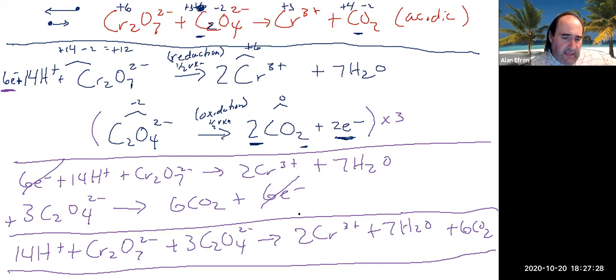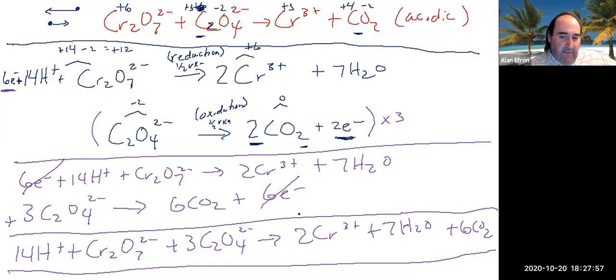So just quickly looking at it, it looks like we got 14 hydrogens on both sides. Got 2 chromiums on both sides. We have a lot of oxygens. That's 12 and 7, 19, I think. So we got also 19 oxygens on the right-hand side, 6 carbons on both sides. Overall charge on the left-hand side is plus 14, and minus 6 is plus 8, and minus 2 is plus 6, and on the right-hand side, plus 6 as well.